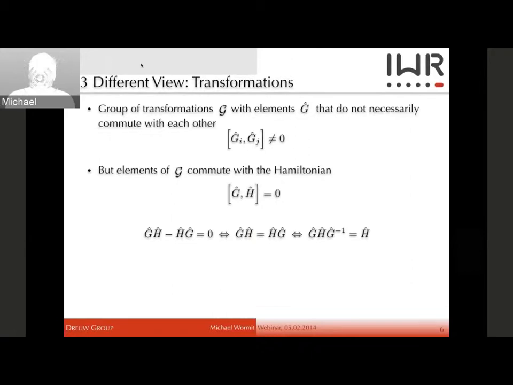So G would be an operator which transforms a function accordingly, like it mirrors it along the xy plane. And these elements do not necessarily commute with each other. They commute if you have an abelian point group, so C2v would be an example where they commute.